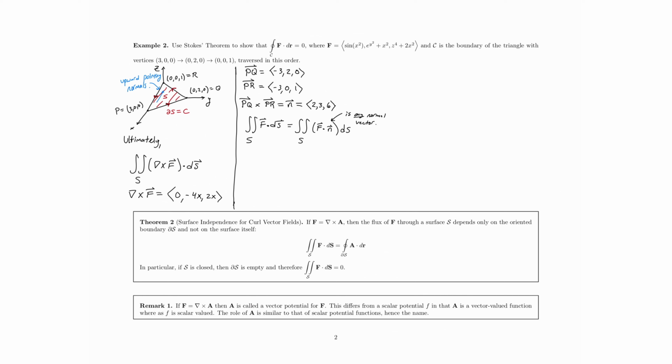Believe it or not, you can actually use any normal vector here. So the length of the vector could be anything it wants to, because in this case, it gets canceled out with this.